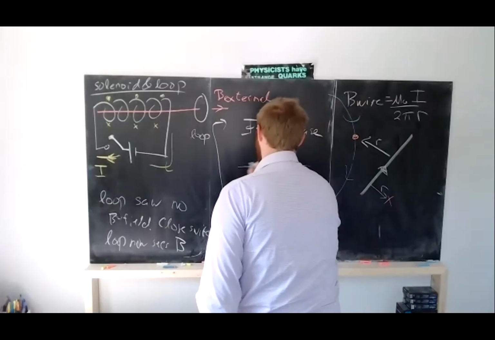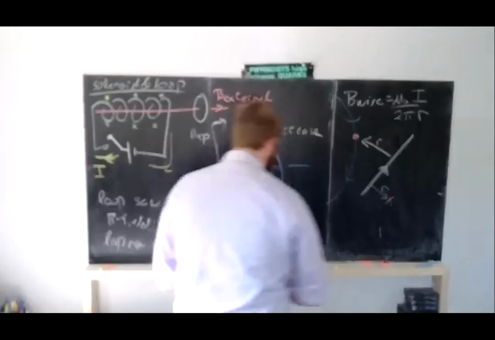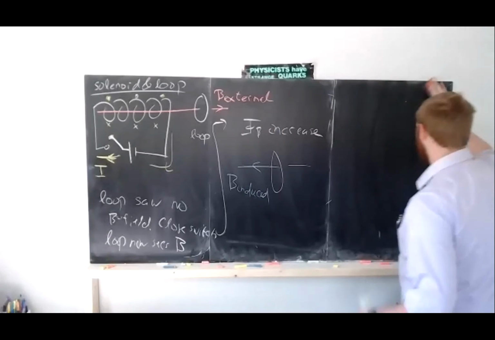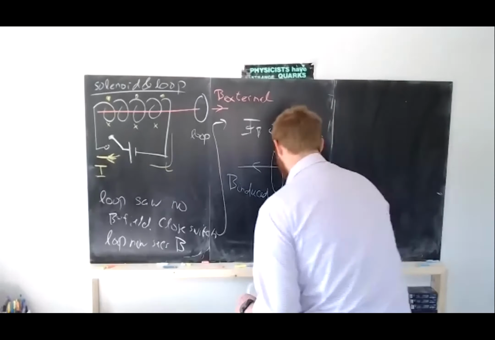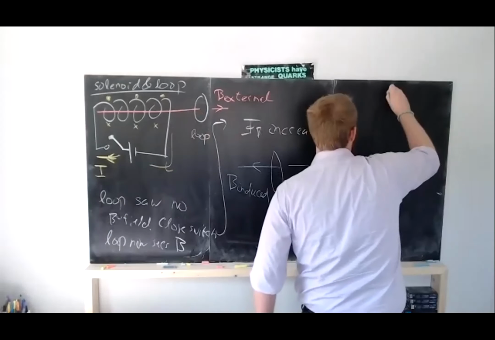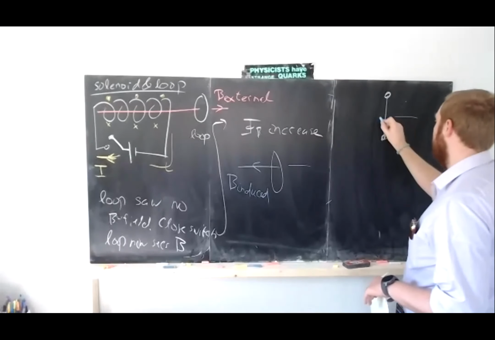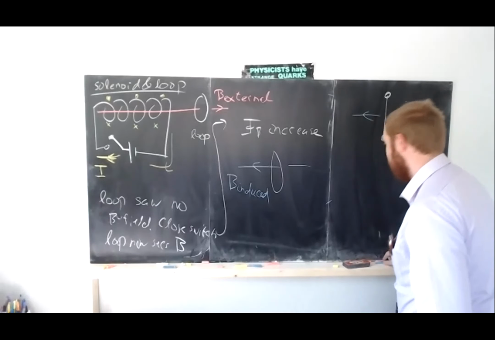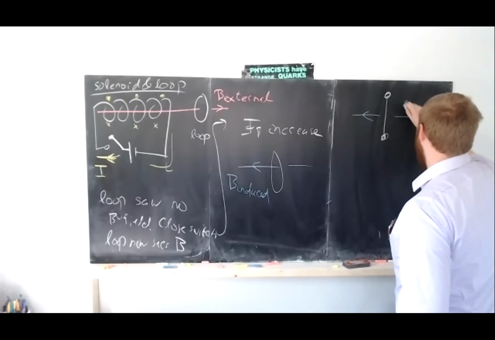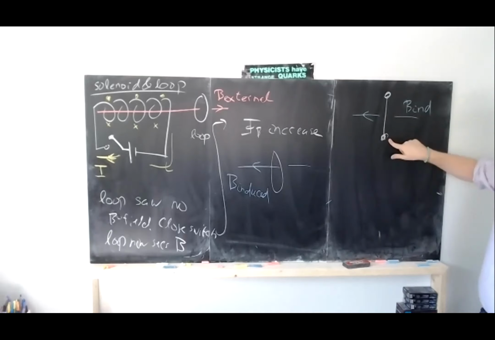It needs to induce a field that way. I'm just going to draw this dead on, so not 3D perspective, just looking at it directly from the side. Right, there's the induced field. All right, let's look at the bottom of the loop. Is the current going into the board or out of the board to create this magnetic field?